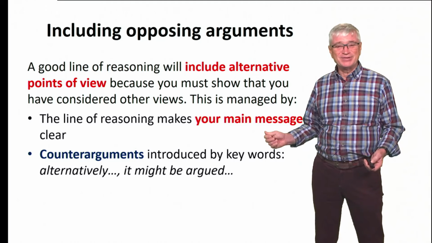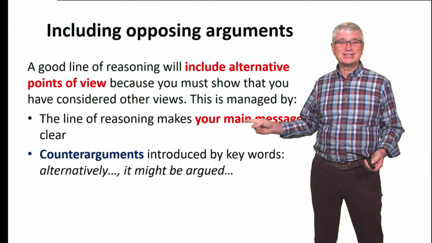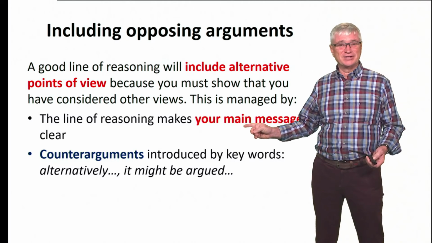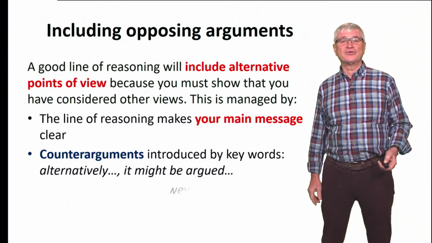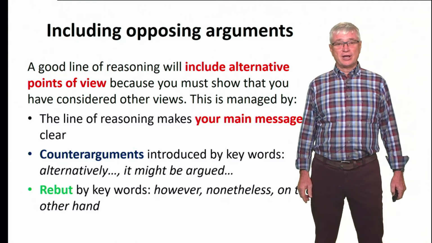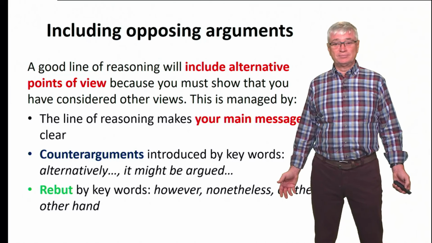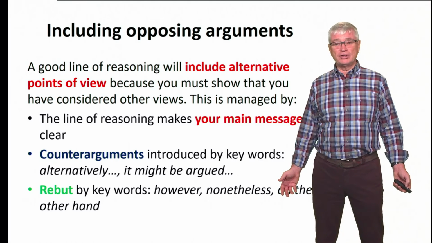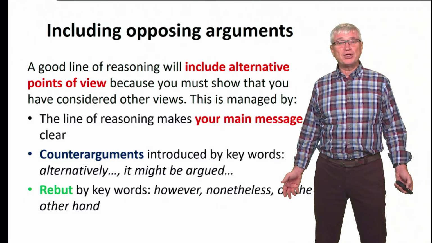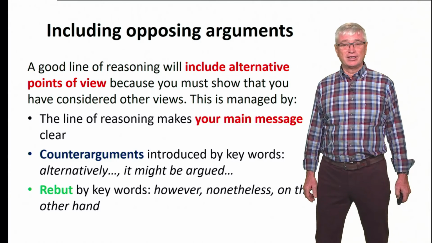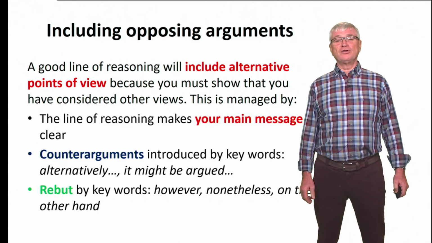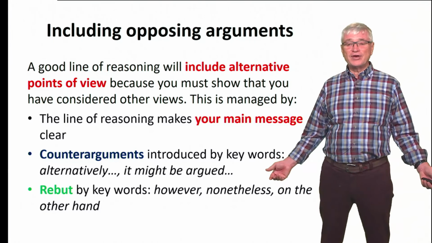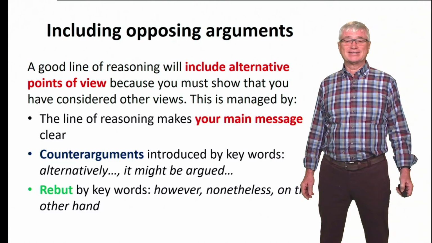Then you signal that here is another point of view. Here is another perspective. That's the counter argument. And then you rebut. You say, I acknowledge what somebody else says, but I rebut by keywords: however, nonetheless, on the other hand.